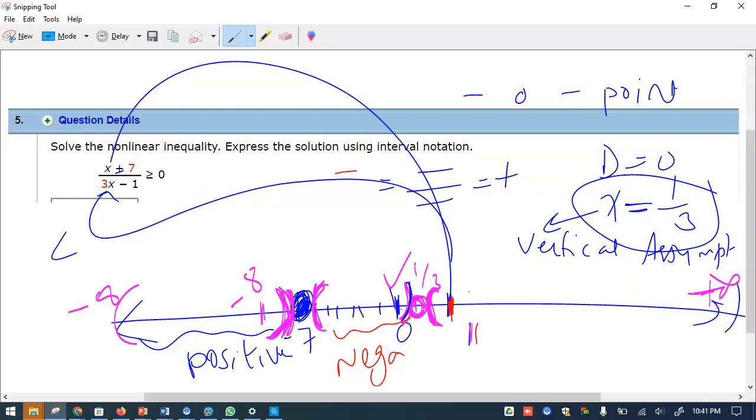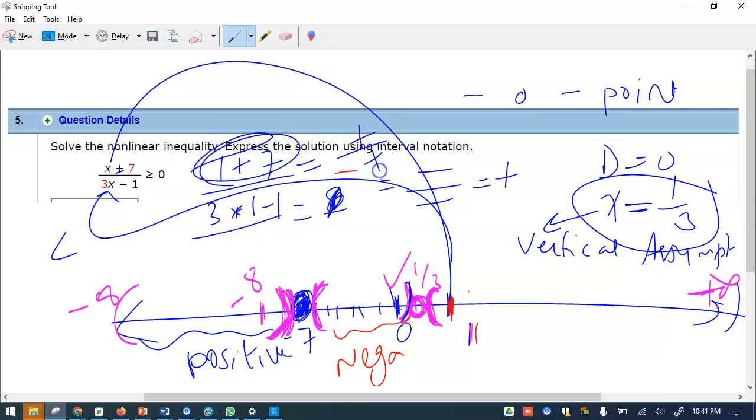And the top one is 1 plus 7, and the bottom is 3 times 1 minus 1, so you get 8 over whatever. You don't have to show the work. You just write, okay, that's going to be positive, and the bottom is going to be positive. So the last answer is positive.